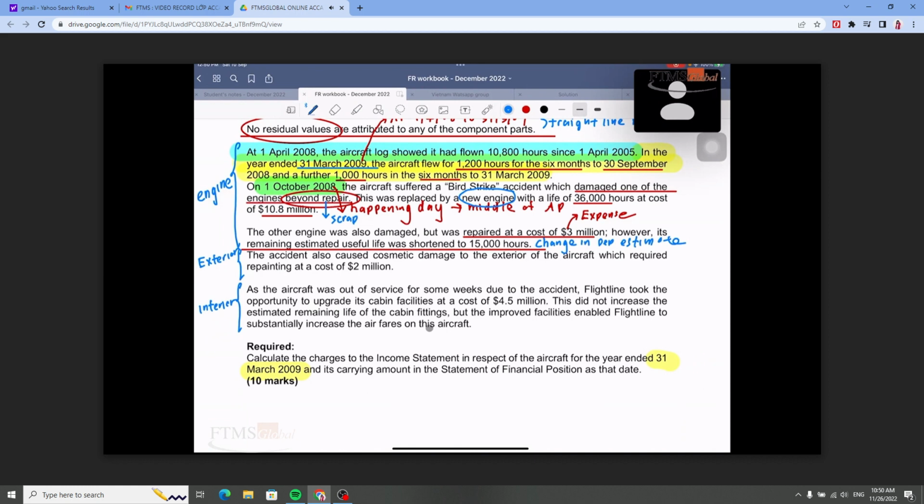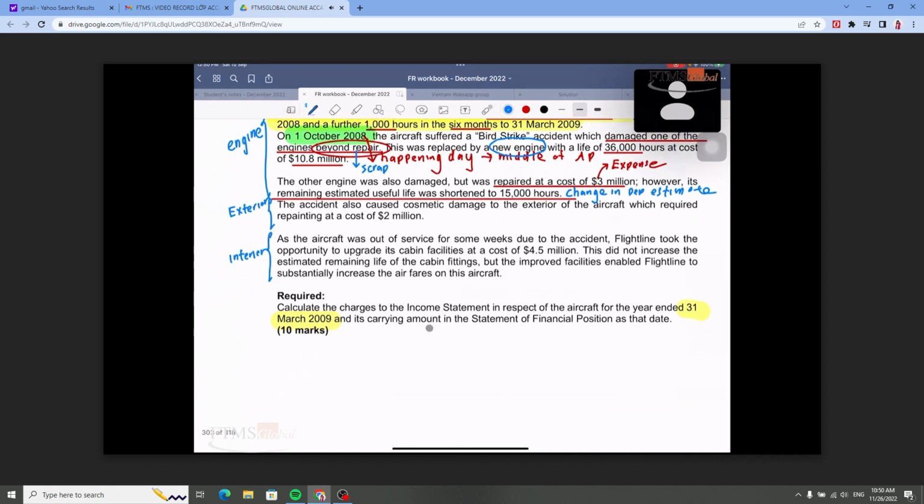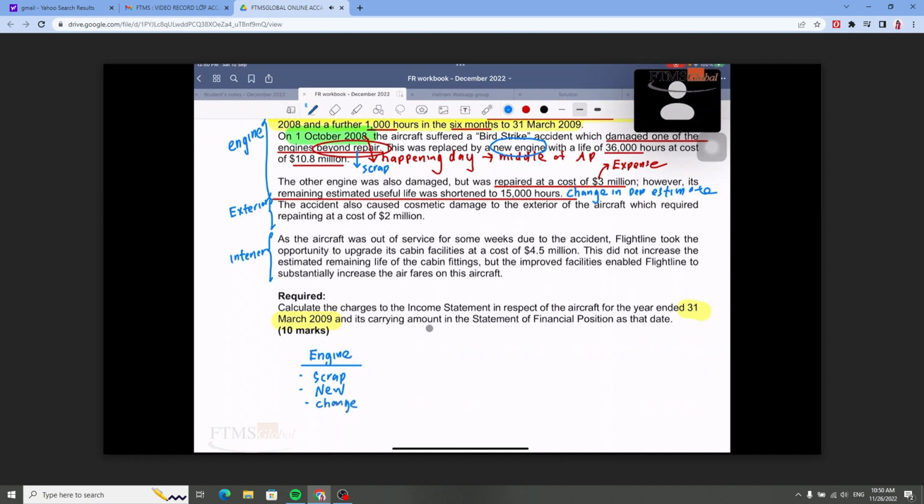I must do 3 workings. Maybe I put it here for you, right? Engine, I have to do 3 workings. Okay, so try to have a plan. Engine, I need to account for the scrap engine, correct? Then I need to account for the new engine. Then I need to account one engine with a change in depreciation estimate.